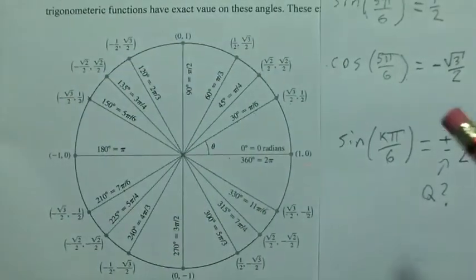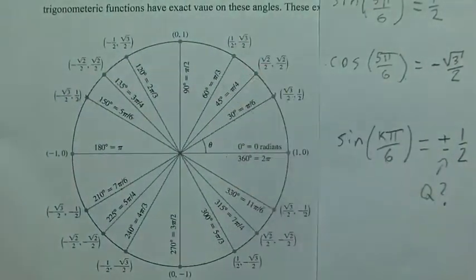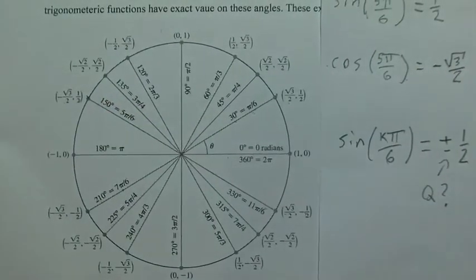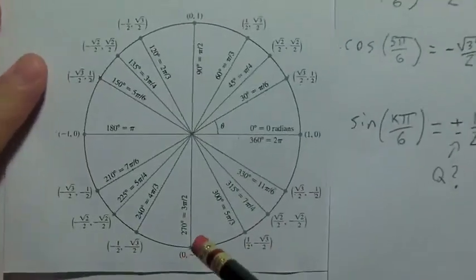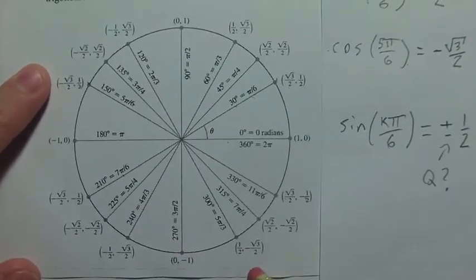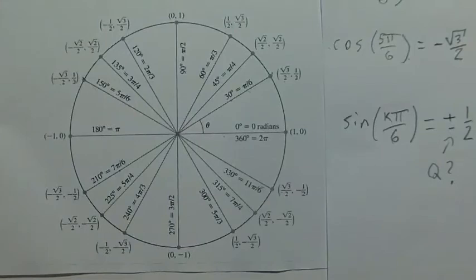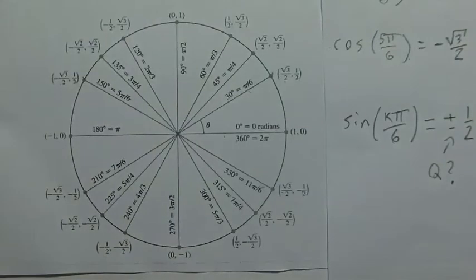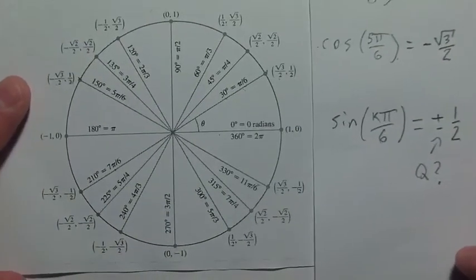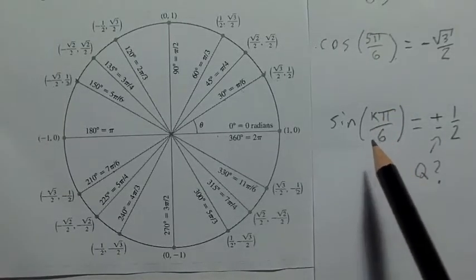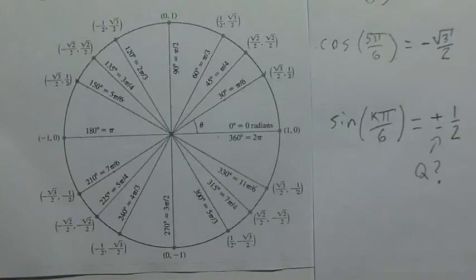If that angle is in quadrant 1, it's going to be positive. Quadrant 2, positive. Quadrant 3, negative, and quadrant 4, negative. So that means I already know sine of any form of pi over 6 is going to be plus or minus 1/2.